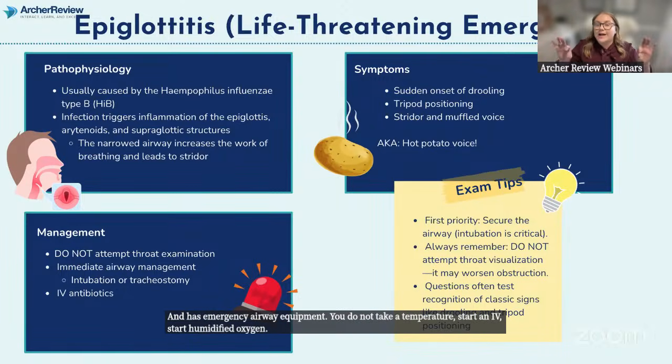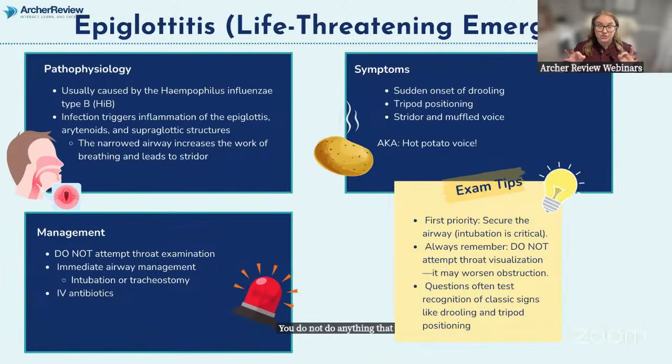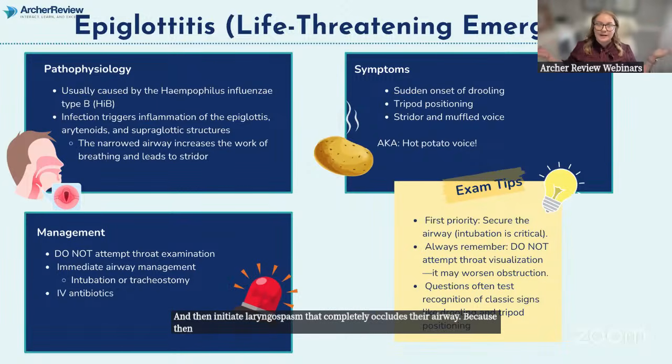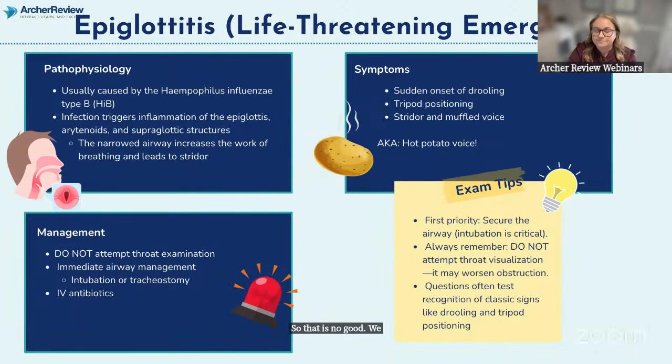You do not do anything that could cause that child to cry, bear down, and then initiate laryngospasm that completely occludes their airway. Because then we lose our chance to intubate them and we have a whole emergency tracheostomy going on. So that is no good. We're going to definitely avoid that.